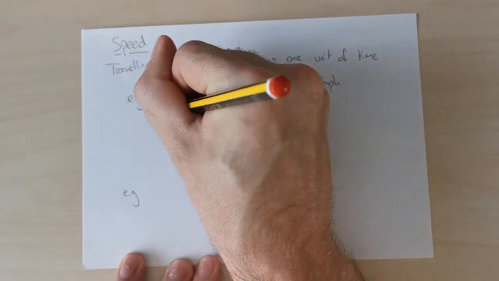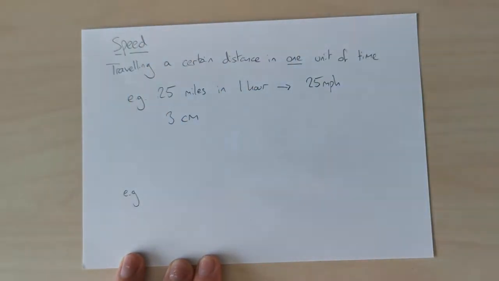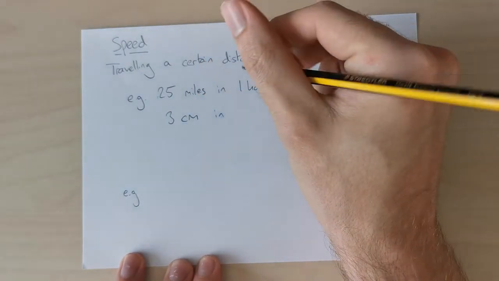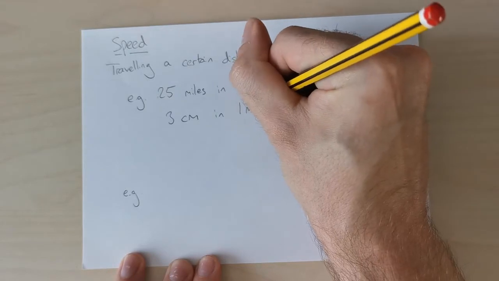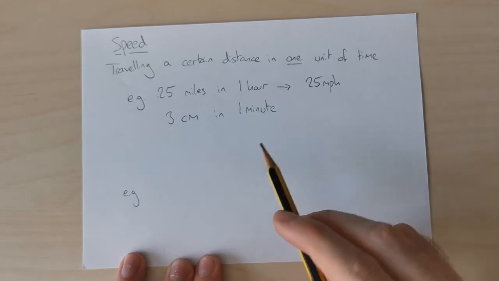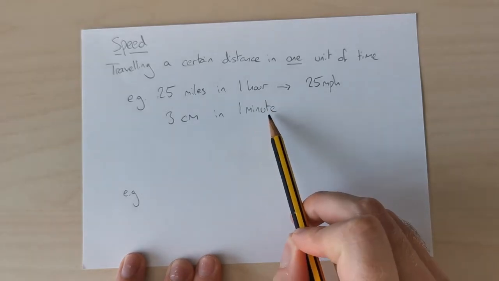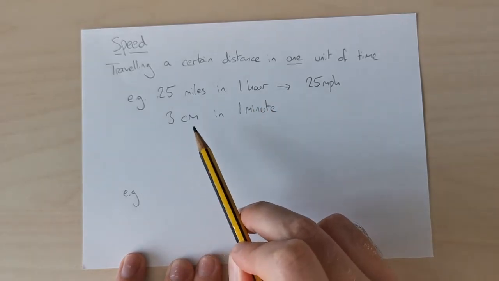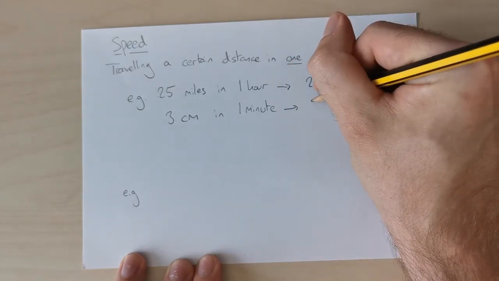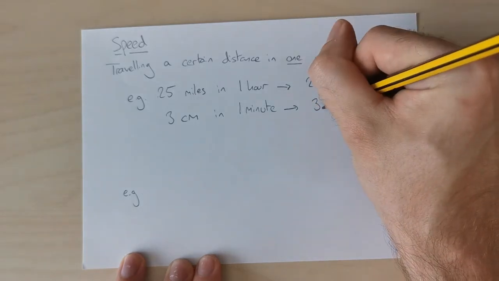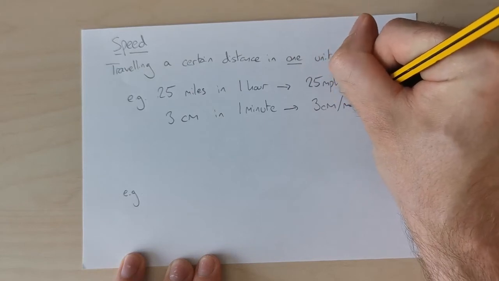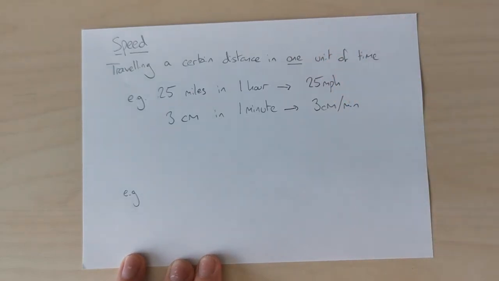Another example, let's say something really small and really slow travelled 3 centimetres in 1 minute. So our unit of time here is minutes. 1 unit of time would be 1 minute, so 3 centimetres in 1 minute would indicate that whatever this very slow object is travelling at an average speed of 3 centimetres per minute.